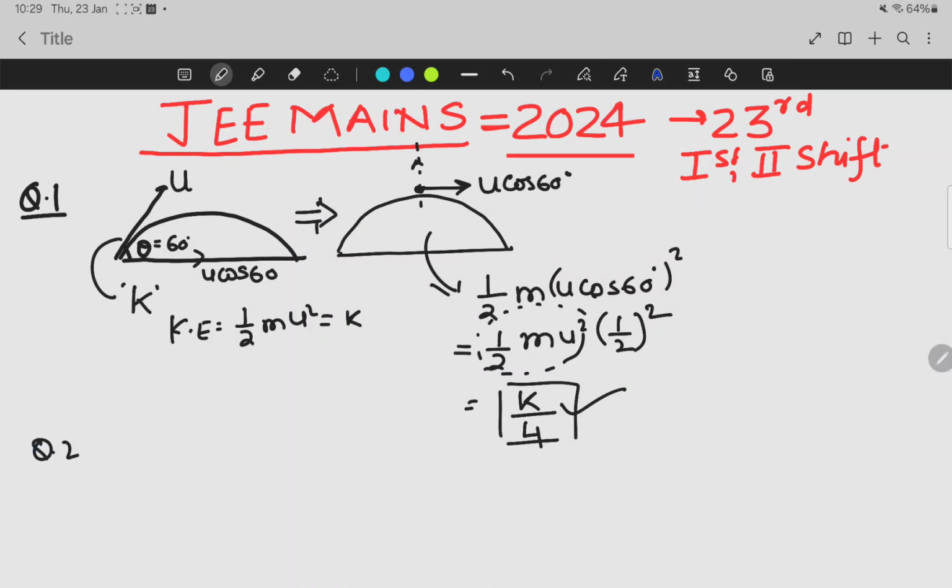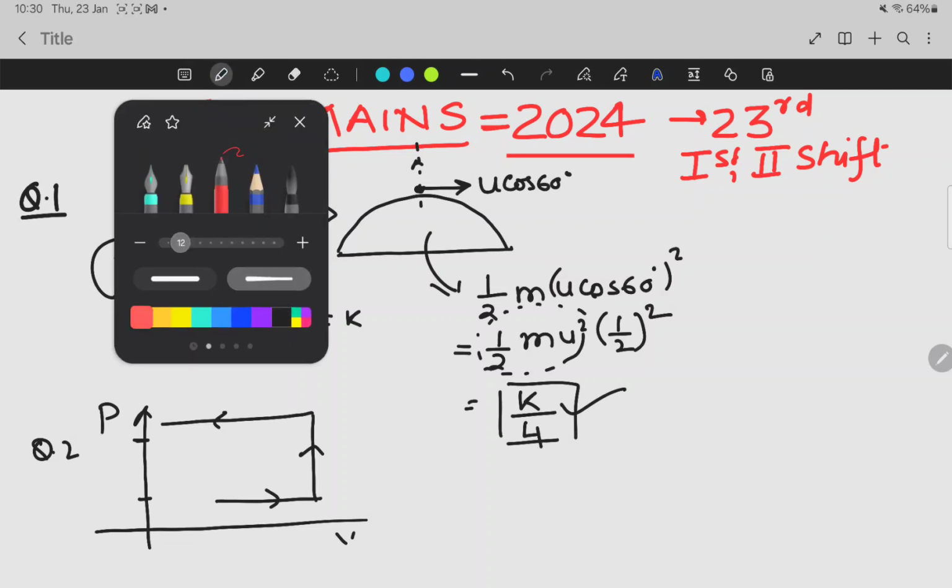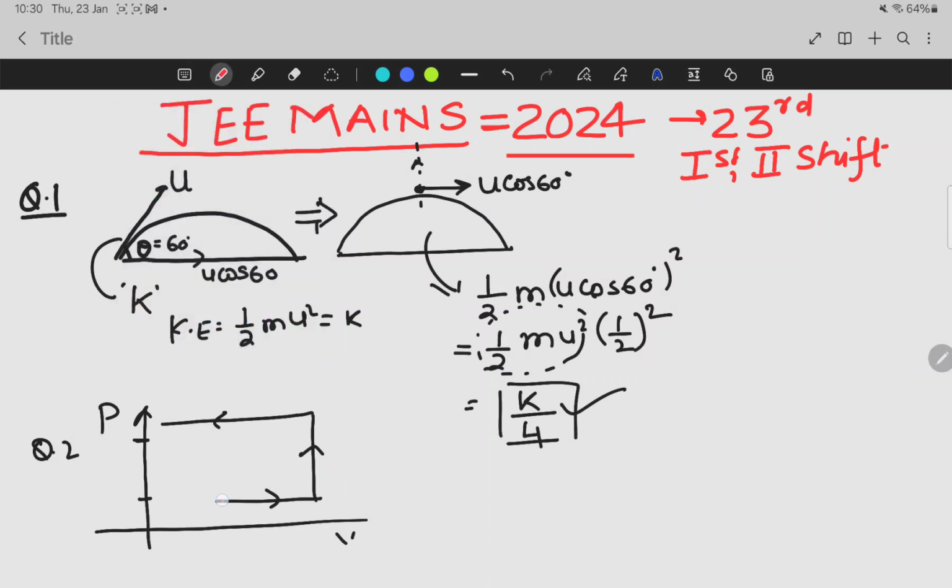Now question number 2: you have to calculate the work done. They have given a certain graph like this. This is a PV graph, and always remember, in the PV graph the area under the curve is the work.